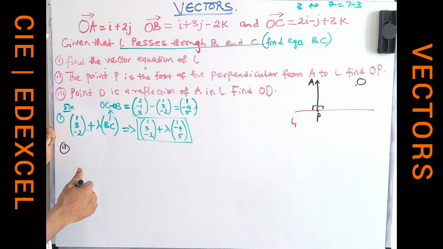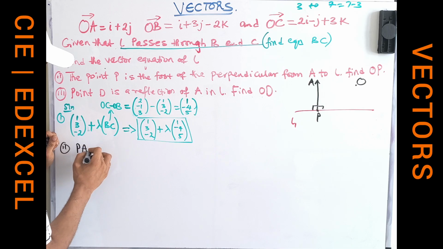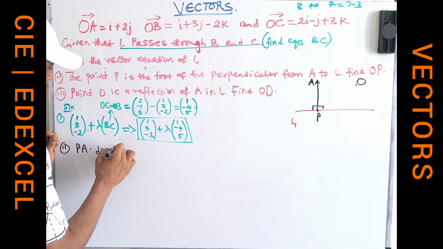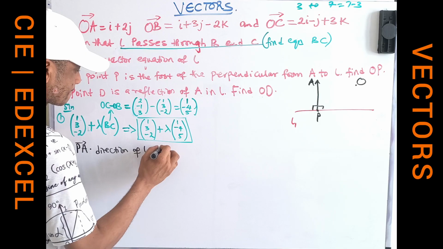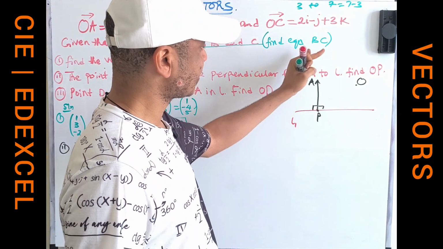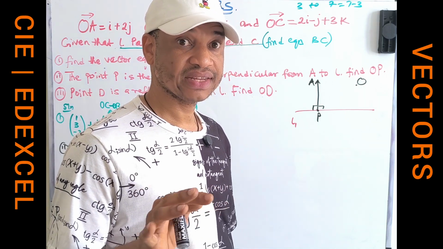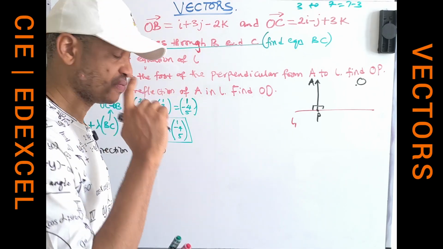So this will be PA dot direction of L. This is the same whenever you're doing this kind of question. So you need to find this and the direction. We use direction vectors to get the angle. So note that we don't use the starting vector.